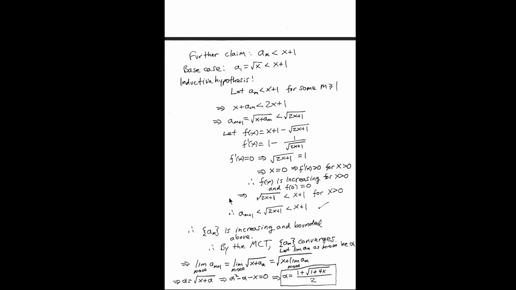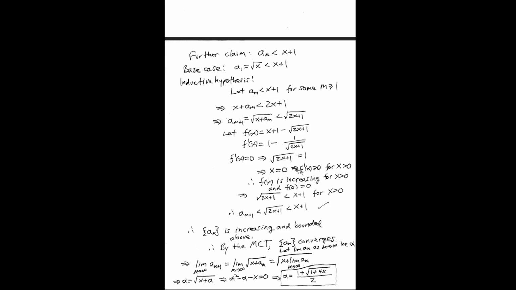Therefore, a sub m plus 1 is less than the square root of 2x plus 1. We found that right here. And now this is less than x plus 1.